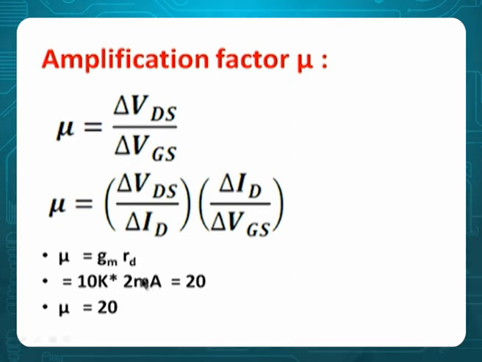Suppose GM is 2 milliamperes per volt, RD is 10 kilo, the total is 20. So therefore, mu is equal to 20. Very unfortunate, the maximum voltage gain possible is 20. That's why practical gain is less than 10. You must have got in your experiments in the colleges where you studied, around 7 to 8 gain you must have achieved. That's not possible.